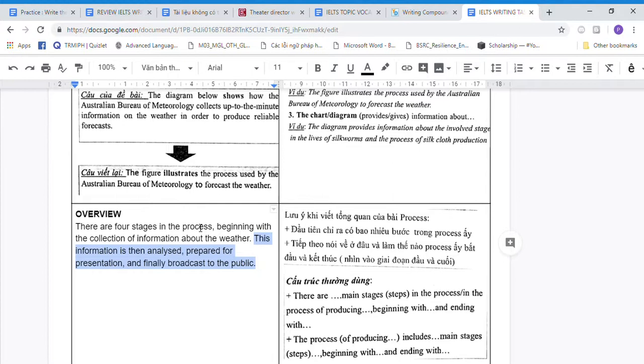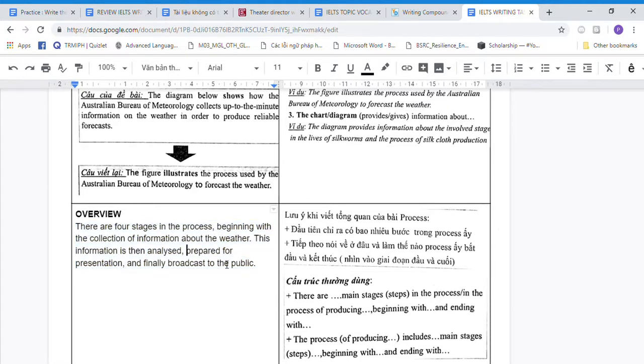But this information is then analyzed, prepared for the presentation, and finally broadcast to the public. So this is passive voice, right?